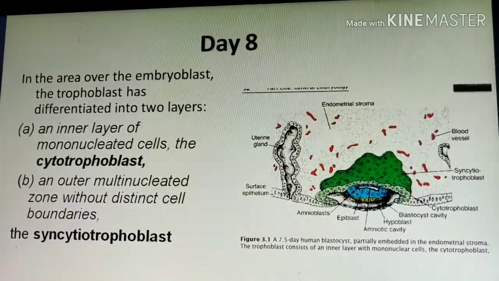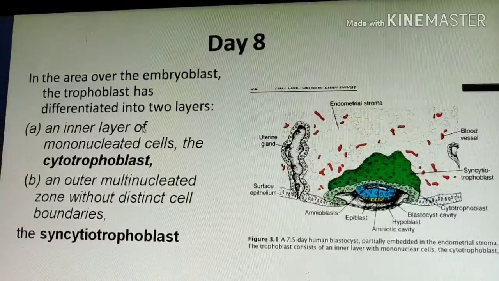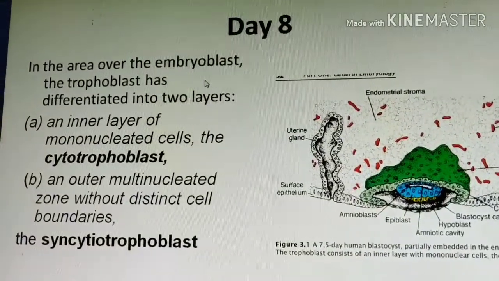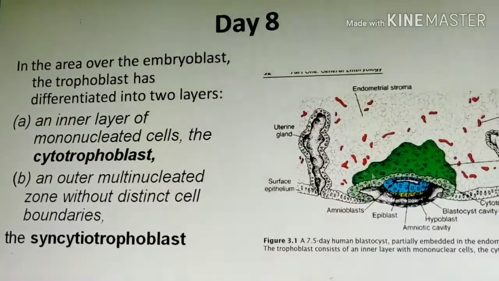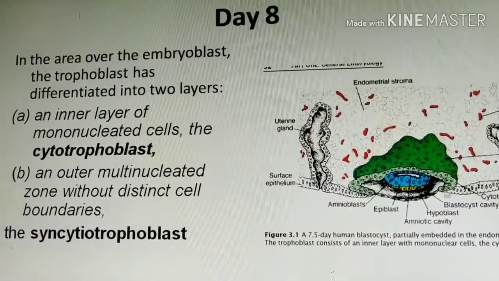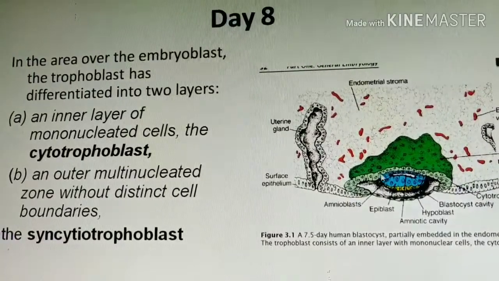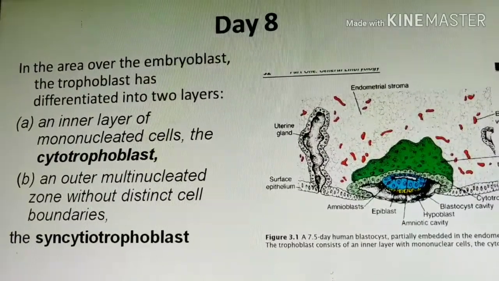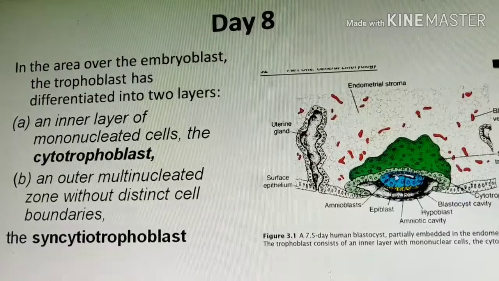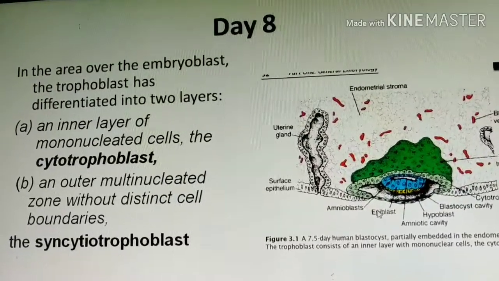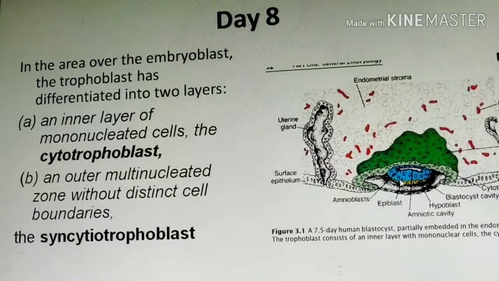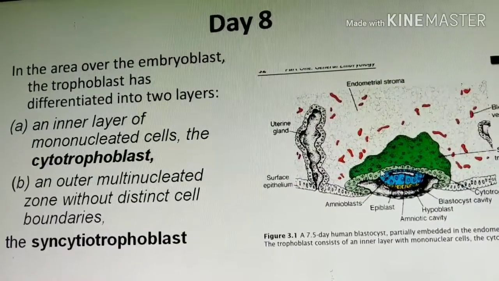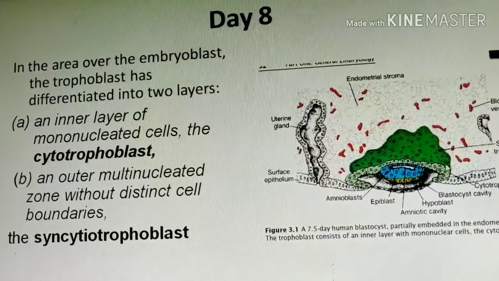Now the first and most important event is in the area over the embryoblast. The trophoblast there differentiates into two layers. So first is the site, over the embryoblast.